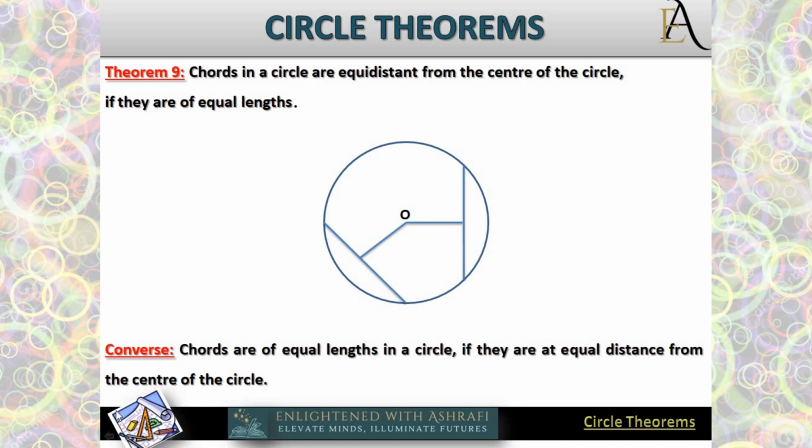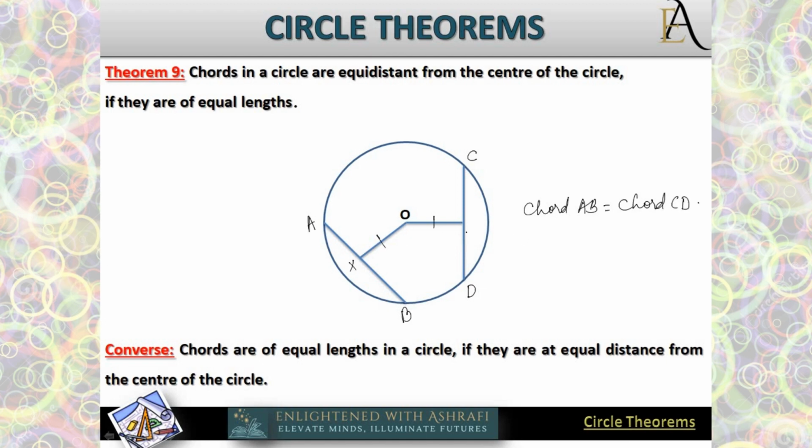If the chords in a circle are equidistant from the center of the circle, then we say that they are of equal length. So if I have two chords, say AB, CD, if their distances are the same, then we can say that chord AB is equal to chord CD.